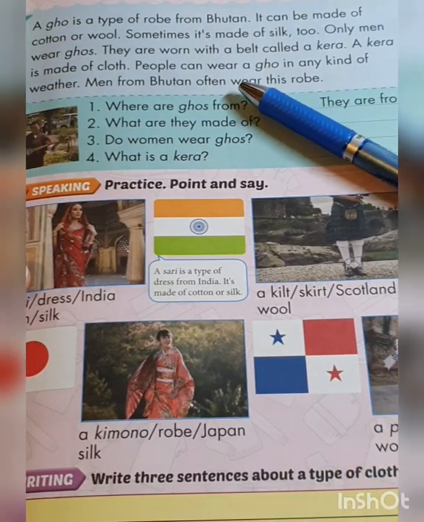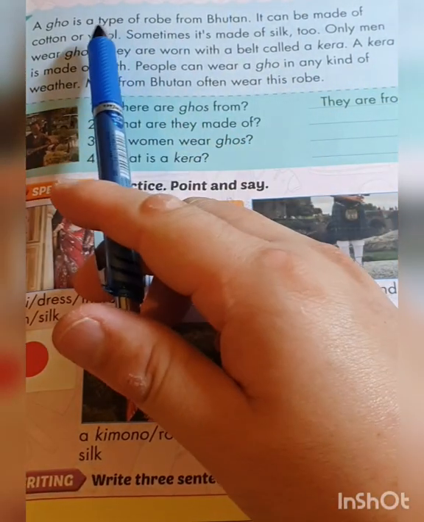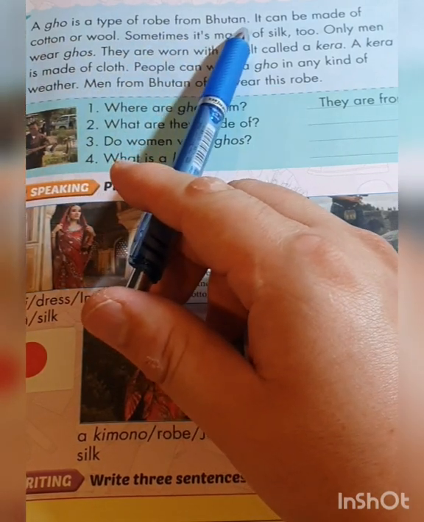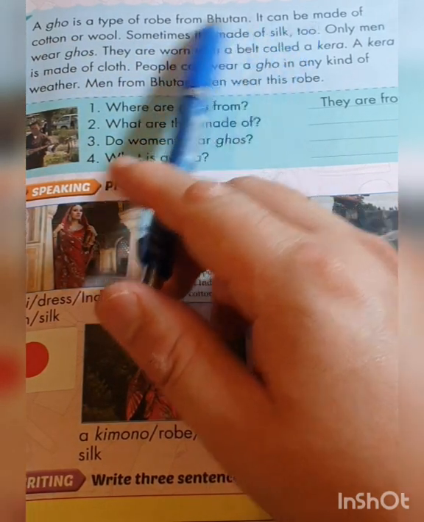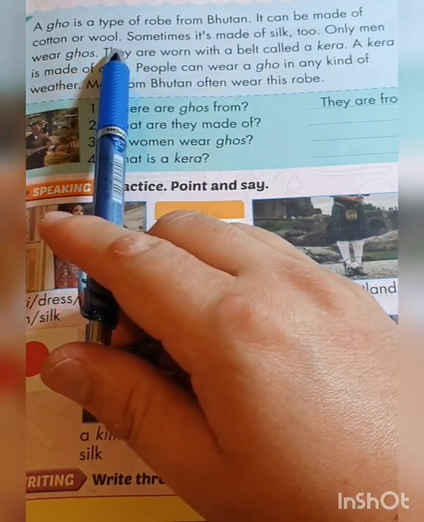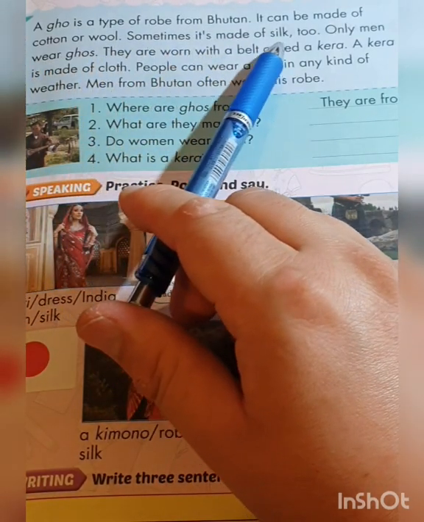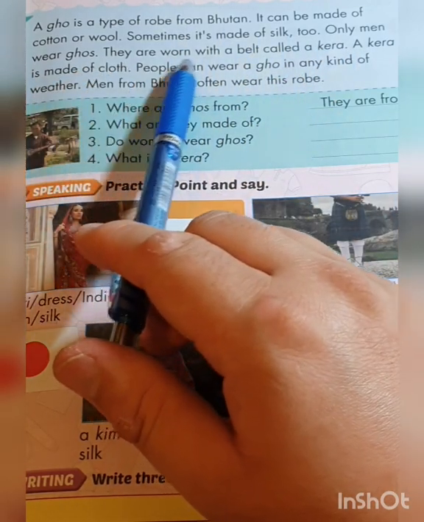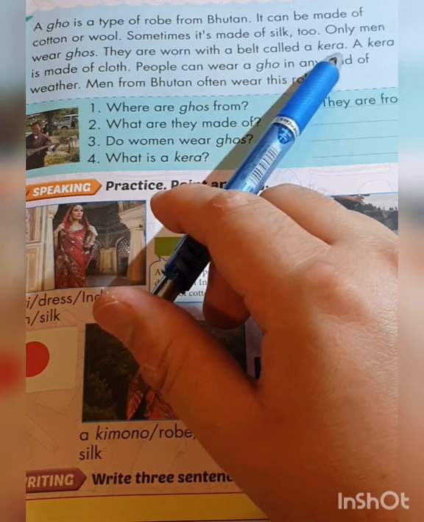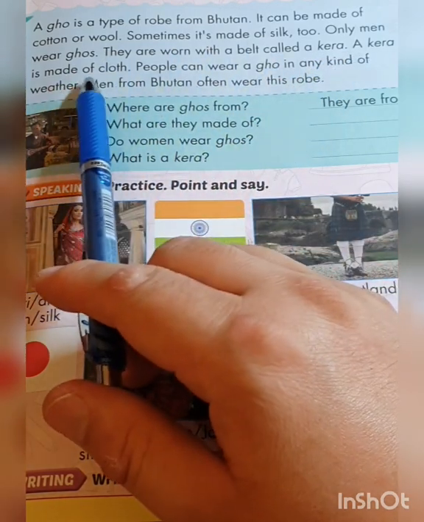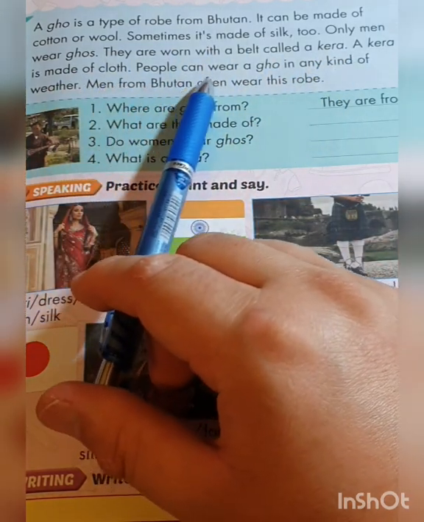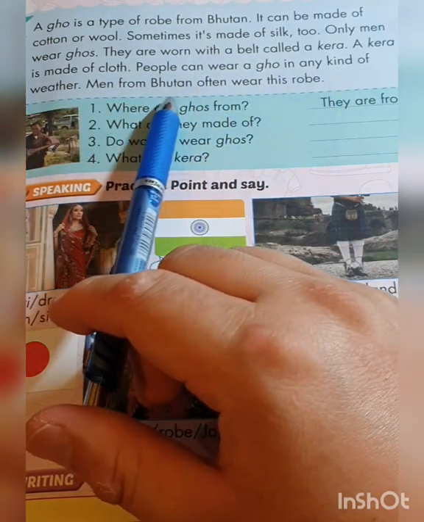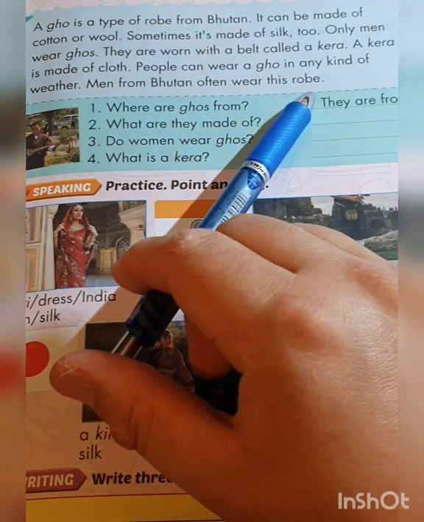Okay, so I'll start over. A go is a type of robe from Bhutan. It can be made of cotton or wool. Sometimes it's made of silk too. Only men wear goes. They are worn with a belt called akira. Akira is made of cloth. People can wear a go in any kind of weather. Men from Bhutan often wear this robe.